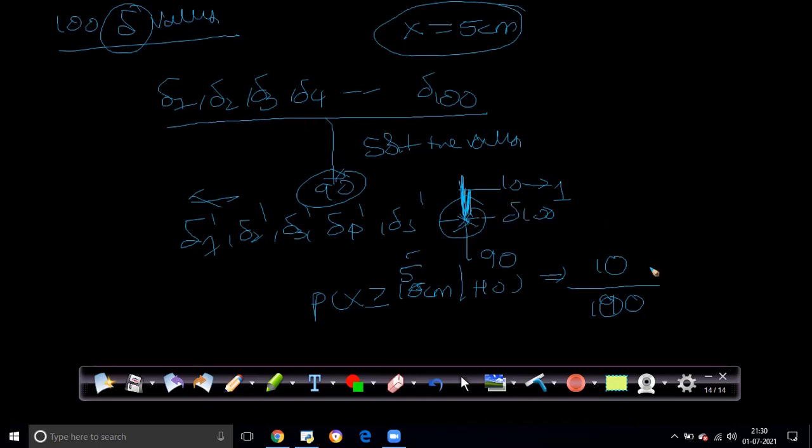So that is 10 by 100. Yes, right? So this is the way we are going to find the p value by using permutation and resampling.